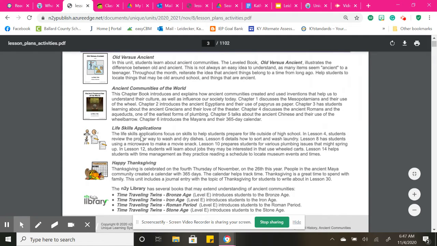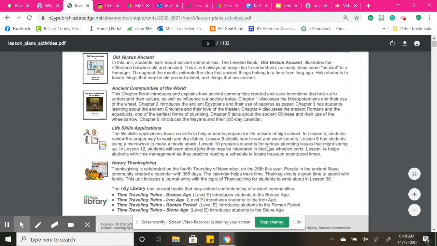Life skills applications for this month. I know today that you will be reviewing the proper way to wash and dry dishes. The life skill application focuses on skills to help students prepare for life outside of high school. Lesson 6 will have details how to sort and wash laundry. Lesson 8 is students using a microwave to make a movie snack.